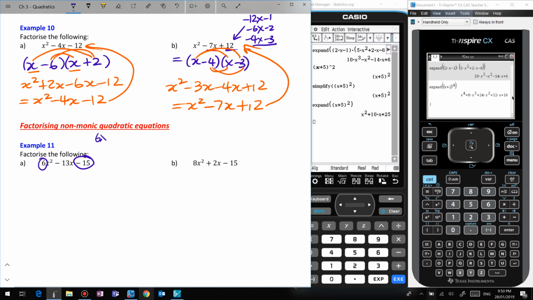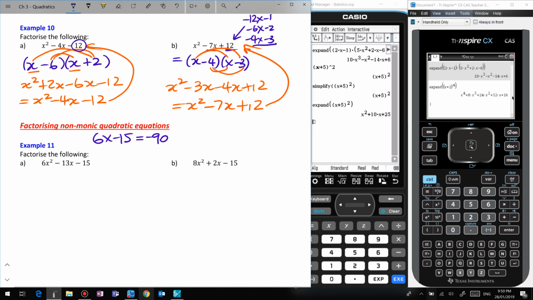So 6 times negative 15 is equal to negative 90. Now we want to find two things that multiply to give negative 90 and add to give negative 13. So before, all we worried about was the end term, but now because we've got a value at the front of the x squared, we have to multiply the two outside terms together.